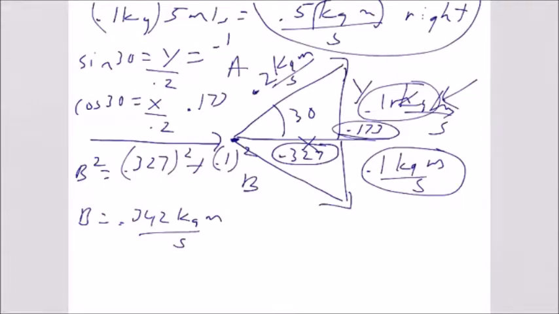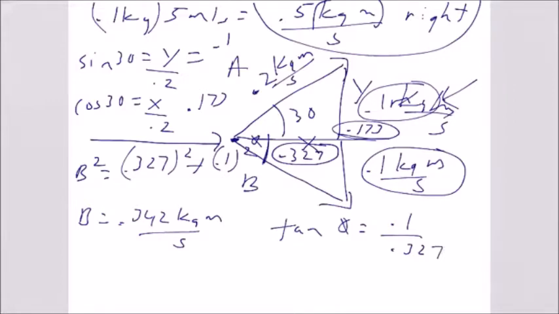We also need to know the angle, because remember, momentum is a vector, so you need a magnitude and direction. To find the angle, this angle right here, we'll just call it theta, let's just use tangent. Let's say the tangent of theta is equal to the opposite 0.1 over the adjacent 0.327.